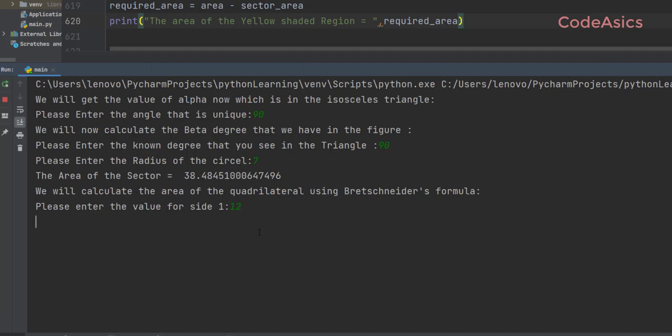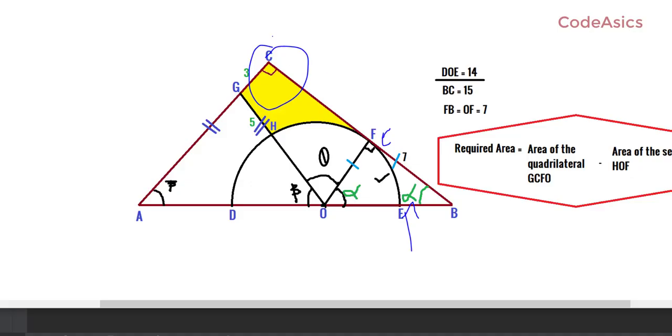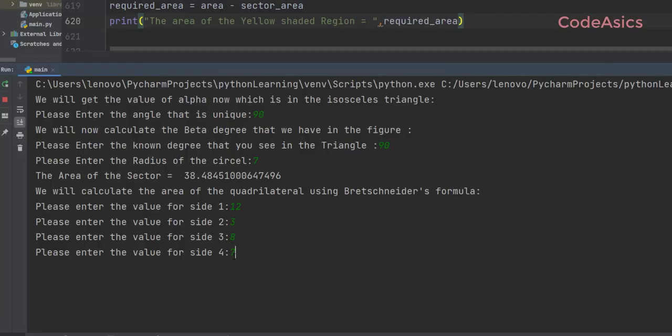So side 1 is 12 units, side 2 is 3 units, side 3 is 8 units, and the last side is 7 units. Now all of these sides are actually extracted. You see 3, and this one would be 8, and the last side, which is the radius, is 7 units. So that's why I gave 7 units.